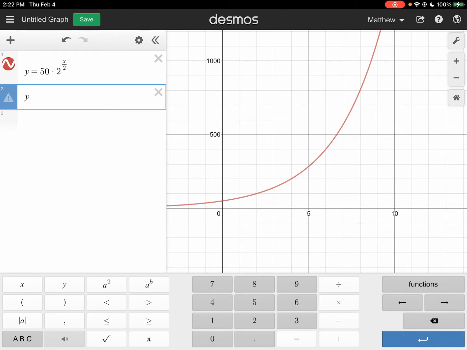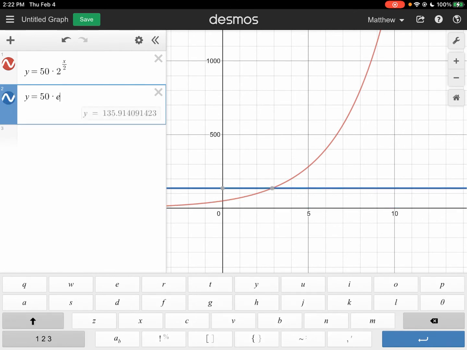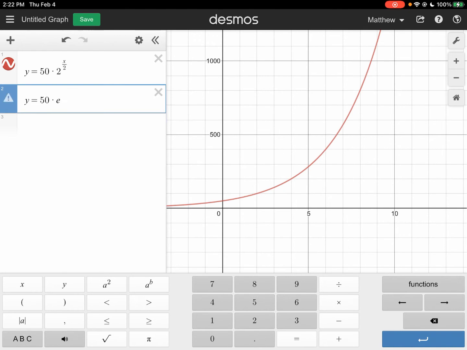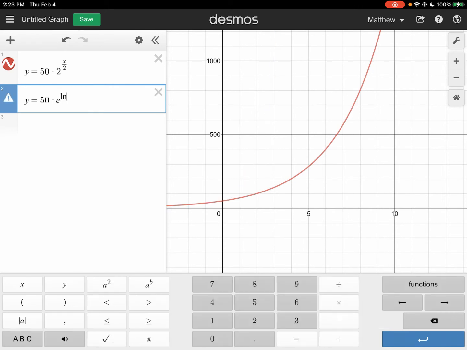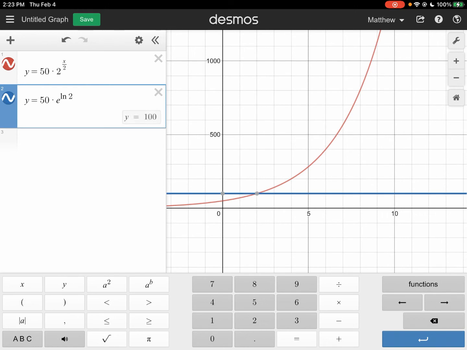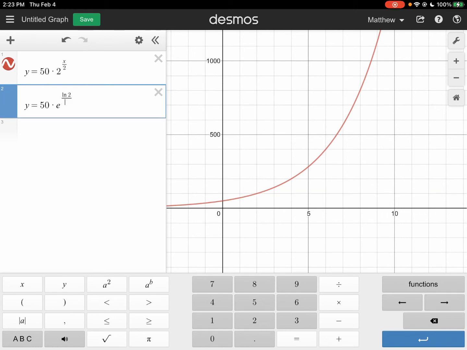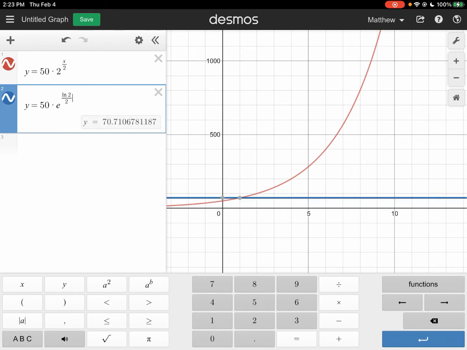Just to show you that we could have done the other form as well, which was 50 times e raised to the 1/2 natural log 2, so natural log of 2 over 2, times x.